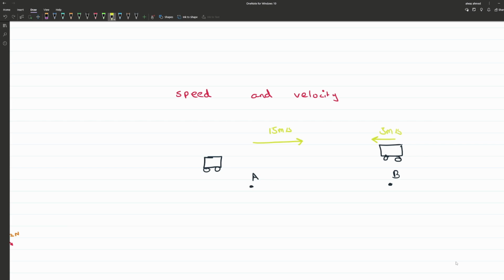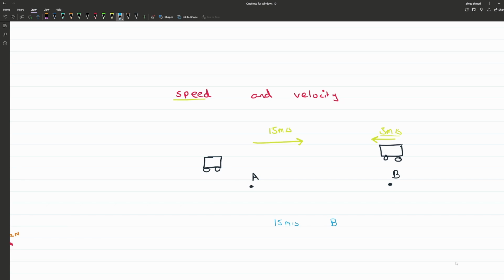Now if we're talking about speed, speed is positive in both cases. For the first case it was 15 meters per second, and in the second case it became 5 meters per second. However, if we talk about velocity, the velocity is positive 15 meters per second towards B, but in the second case the object is moving towards A, which is opposite to the direction of B. This means that the object is moving in the opposite direction to its original velocity.